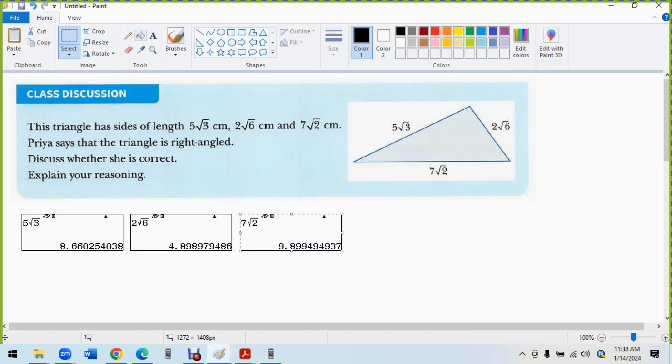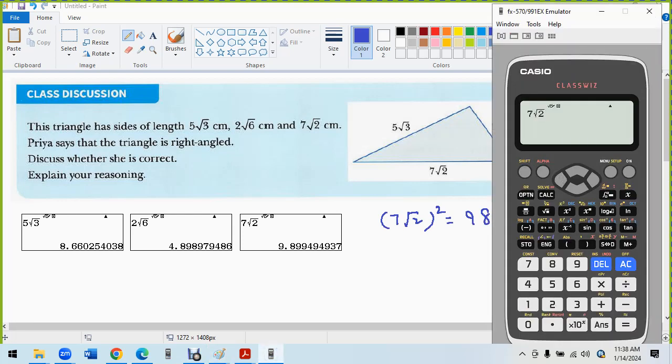So the 7 square root 2 is the longest. So the longest one we square it. So we have the 7 square root 2 square is 98.